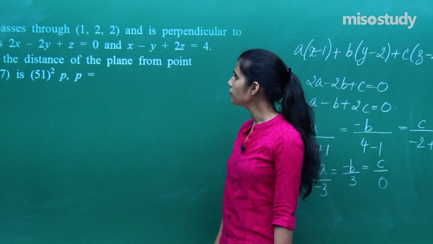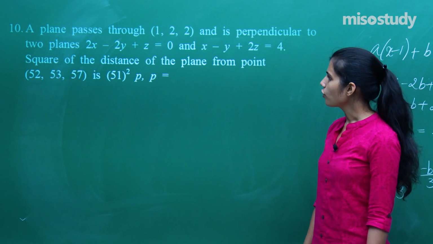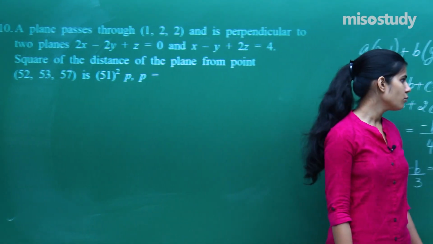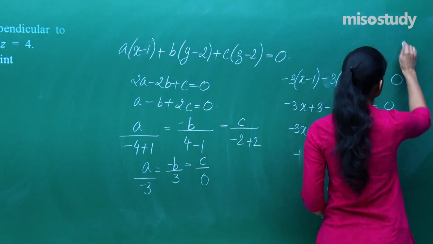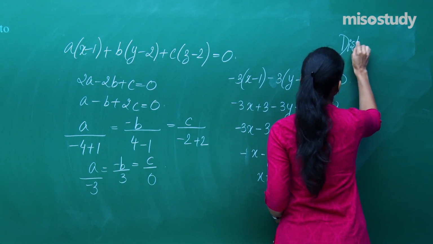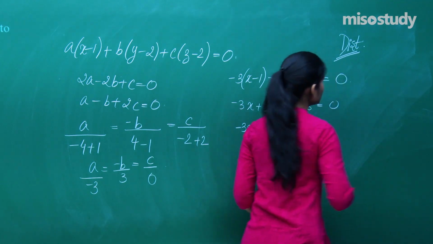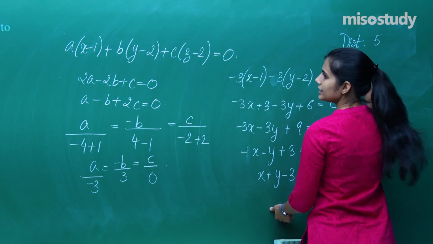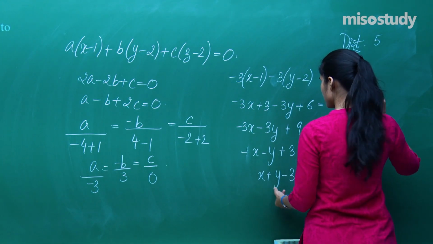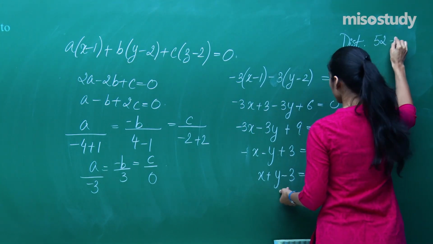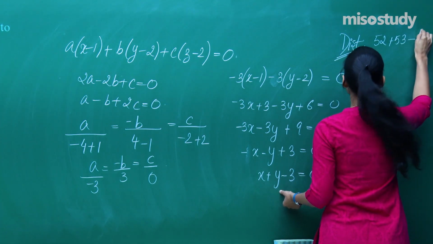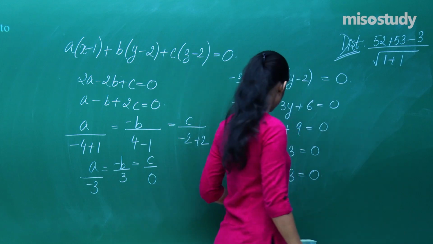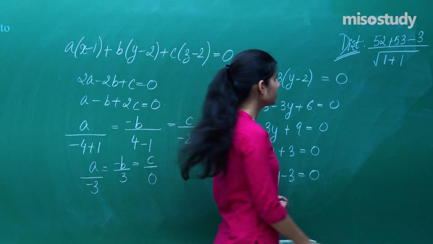It is given that the square of distance of the plane from this particular point is 51 square into P. Then what is P? So what is the distance? The distance is given to you as basically, for the point (52, 53, 57): 52 + 53 − 3 whole upon root over 1 square plus 1 square.